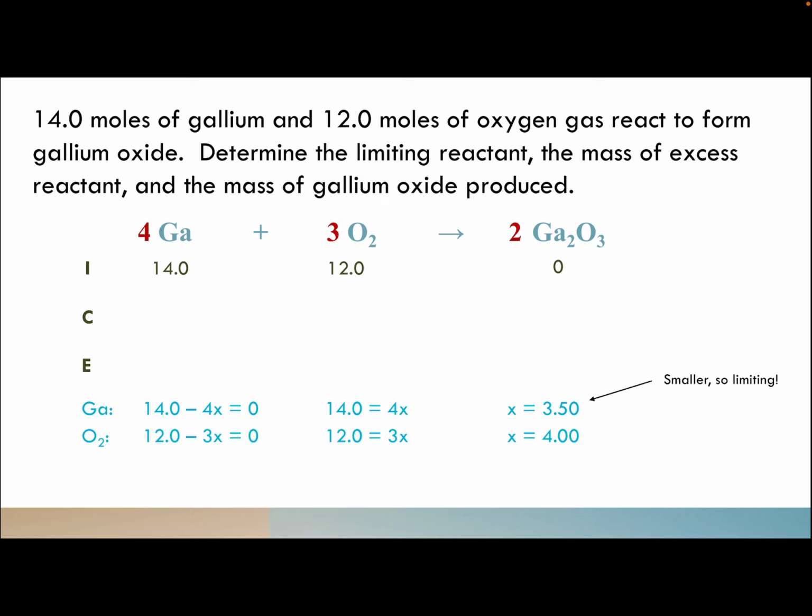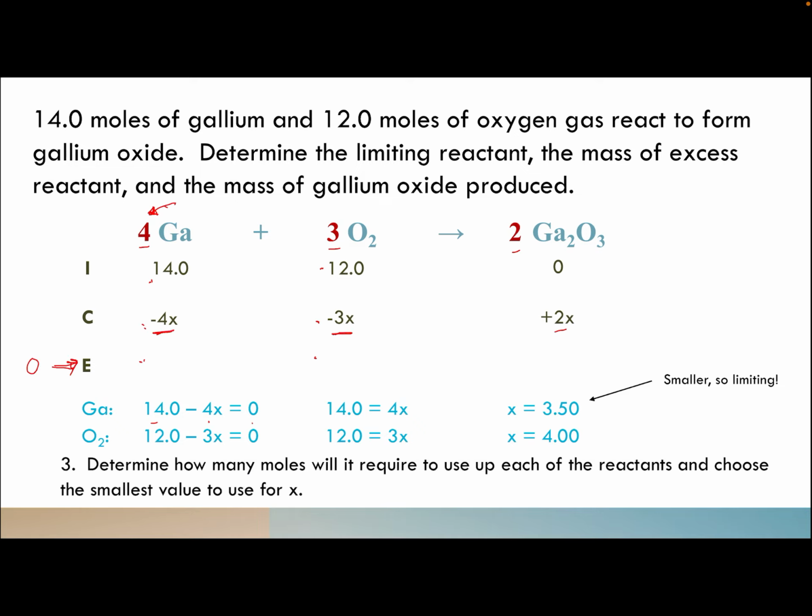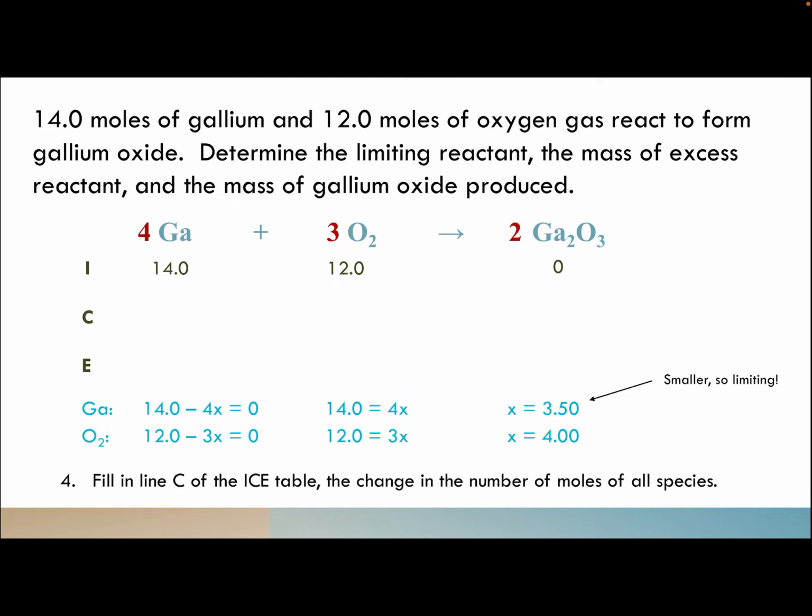Okay, so now that we know our value of x, instead of having our x's in our ICE table here, we're going to fill in this 3.50 for all of those values of x. So this will be negative 4 times 3.50, and then negative 3 times 3.50, and then 2 times 3.5. Sorry, this should be 3.50 for sig figs.